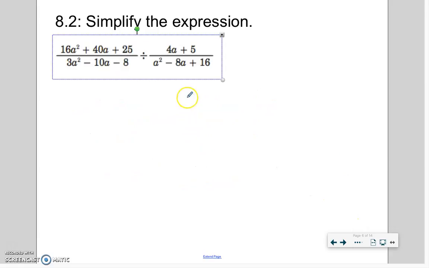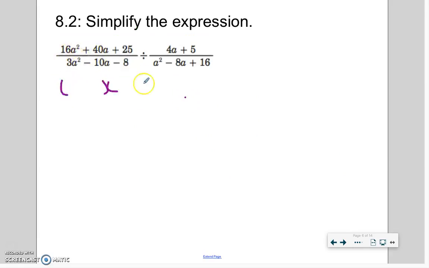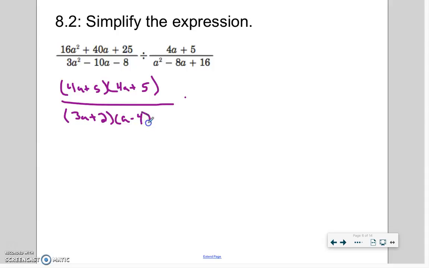Let's look at the last one for this 8.2. We need to factor the top. So 16a squared plus 40a plus 25 factors to be 4a plus 5, 4a plus 5. Factoring the bottom, it's going to factor to 3a plus 2 and a minus 4, times, I'm going to go ahead and move this one to the denominator.